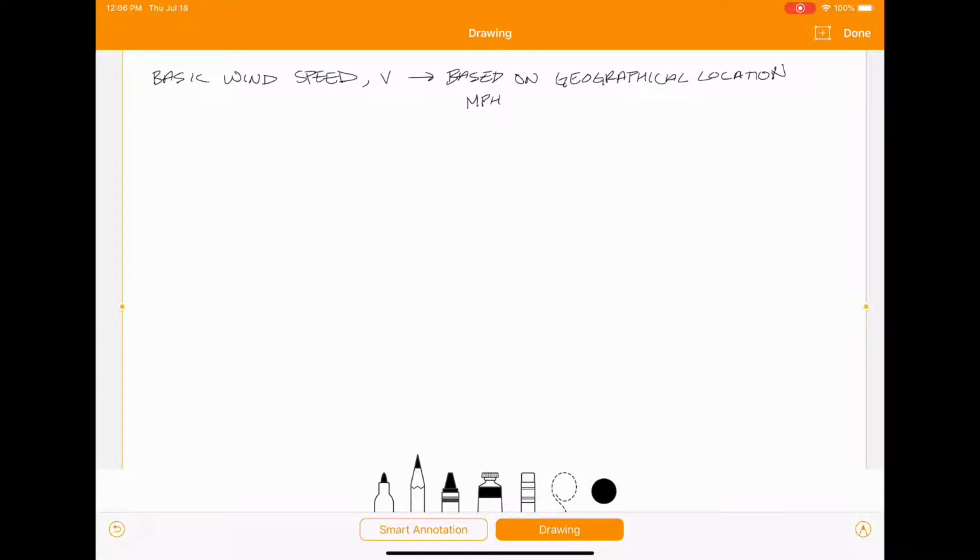So there are graphs with these wind speeds given to you in figures 26.5-1A, -1B, -1C, and -1D.